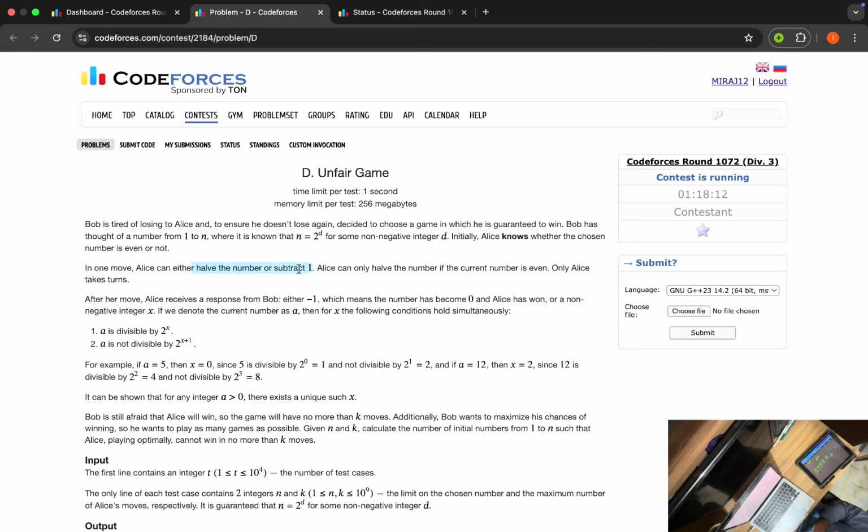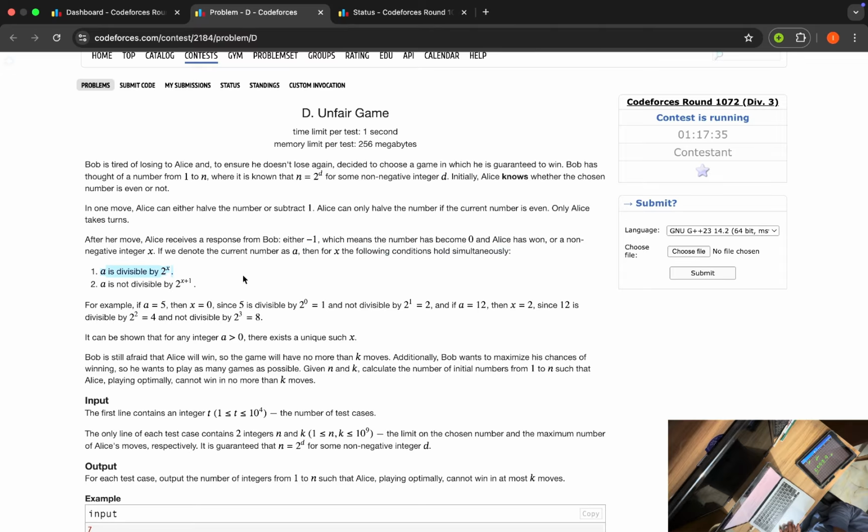Alice can only have the number if the current number is even. Okay. Only Alice takes turns. After her move, Alice receives a response from Bob, either -1, which means the number has become 0 and Alice has won, or a non-negative integer x, if we denote the current number as a, then the following condition holds simultaneously: a is divisible by that, not divisible by that.